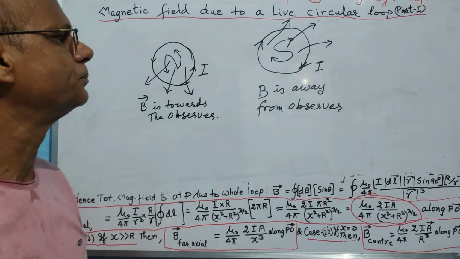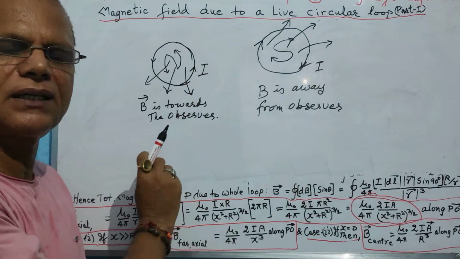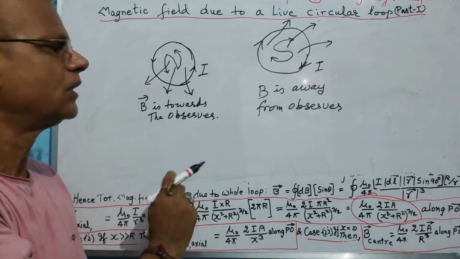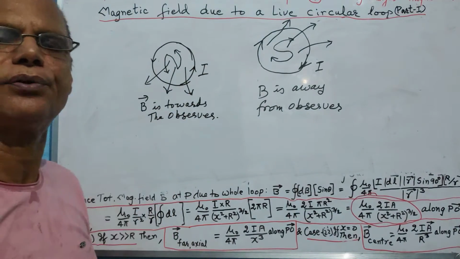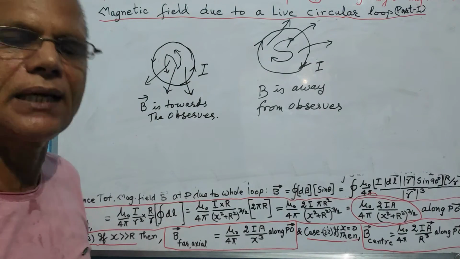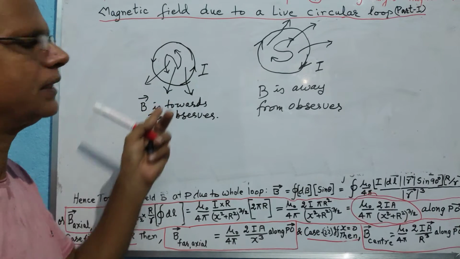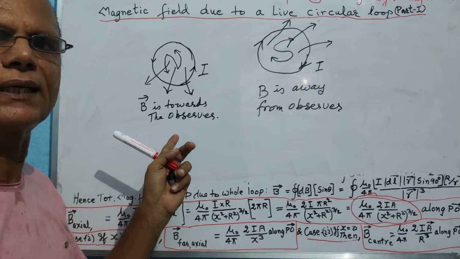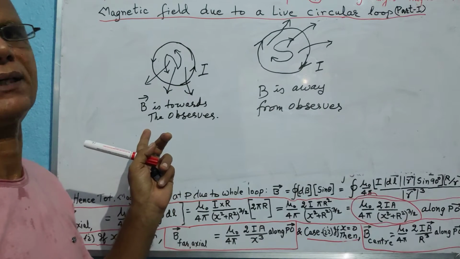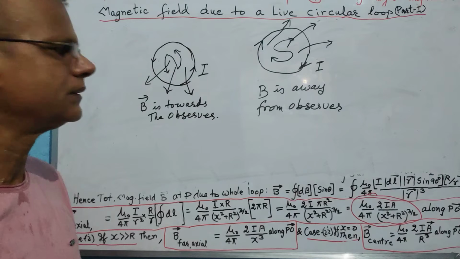So you have to stick to the point that what the observer is observing will decide the direction of magnetic field for the observer. Of course, the direction of magnetic field is the same, but it appears to be towards the observer when anti-clockwise current is towards the observer. So this is how we can memorize it.